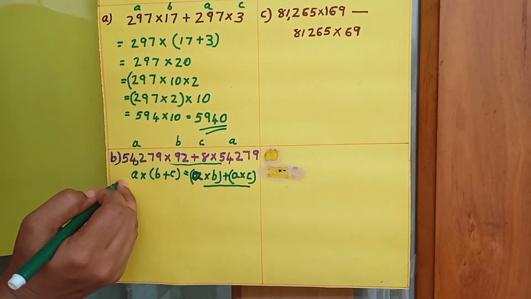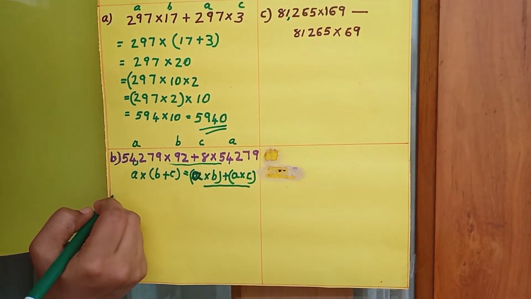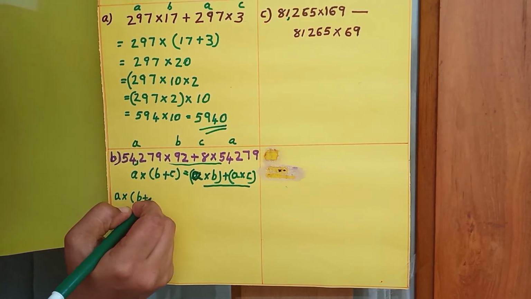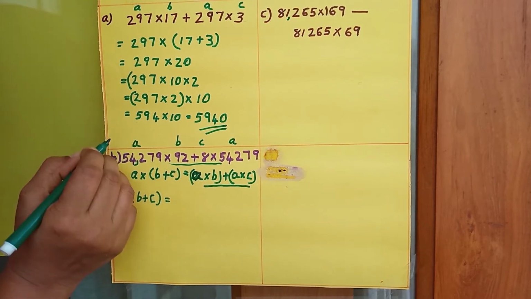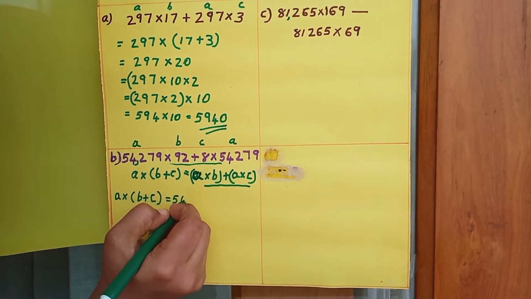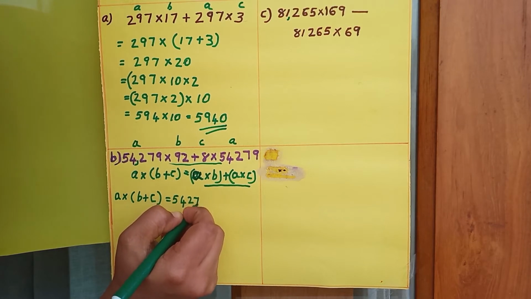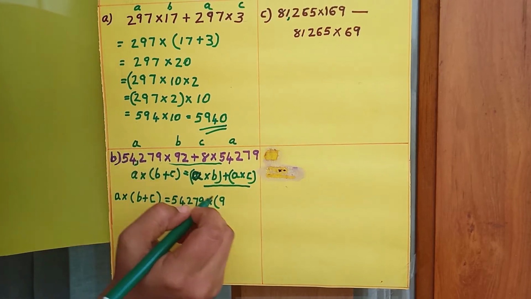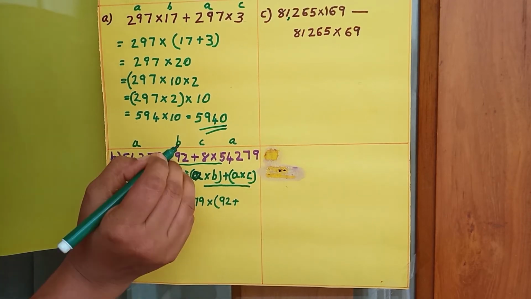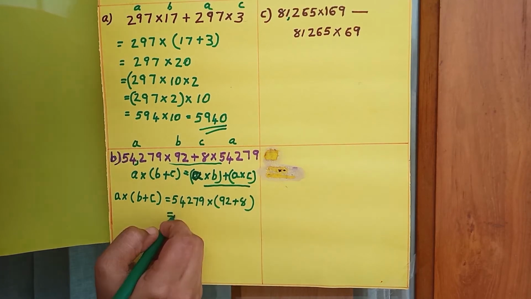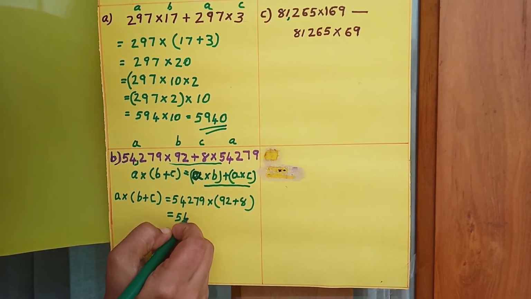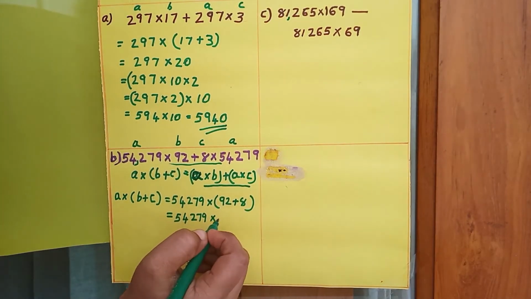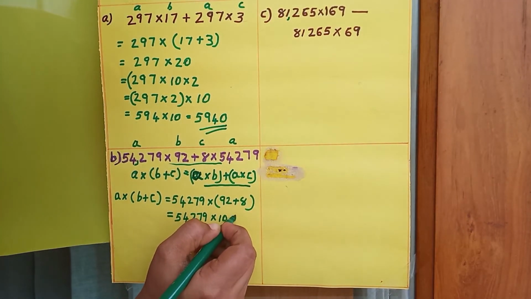So we know the LHS part of this formula, that is A into B plus C, equal to 54,279 into 92 plus 8, and we will get 100.